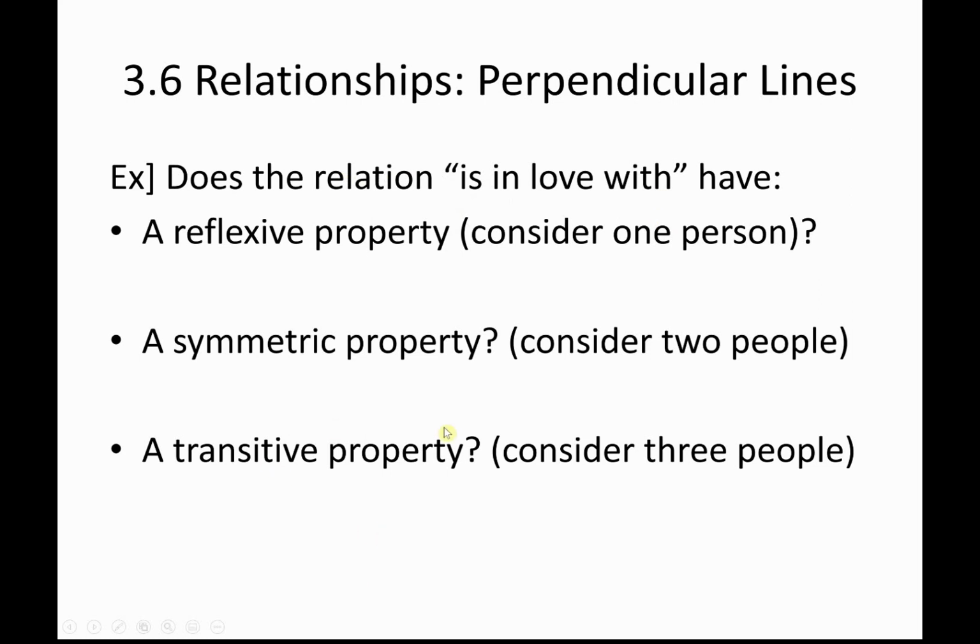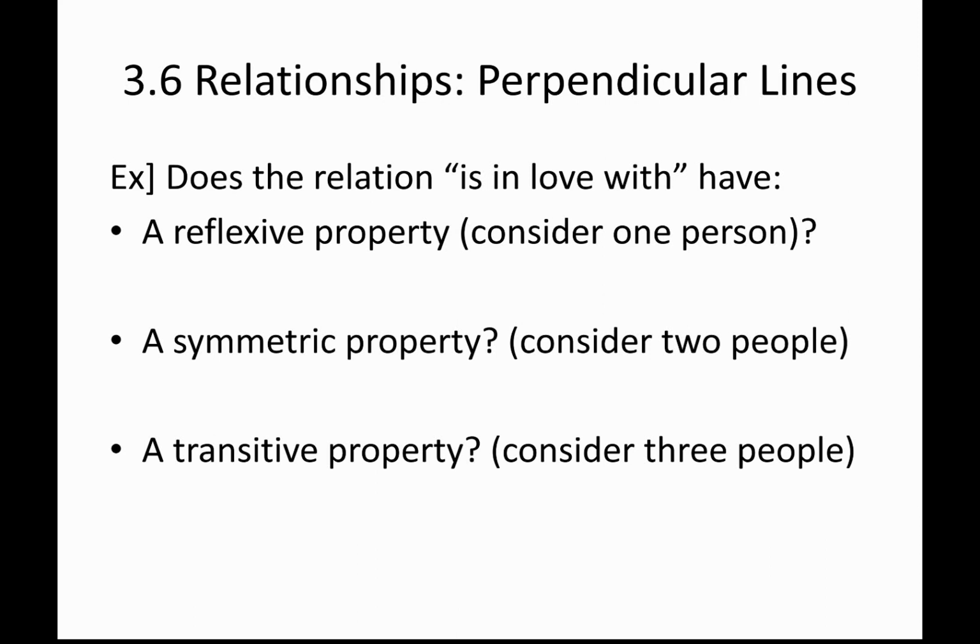And then think about the transitive property. If there are three people involved, if person A is in love with person B and person B is in love with person C, how likely is it that person A is in love with person C? I mean, unless you're in some kind of a throuple situation, I'd say that that would be highly unlikely, for sure. And it's not enough, in this scenario, to say, oh, it exists once, so the relation has this property.